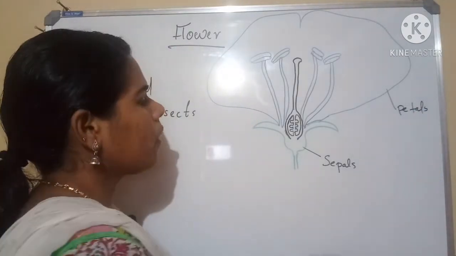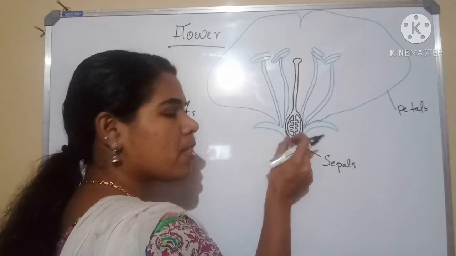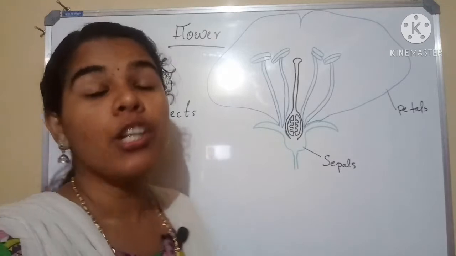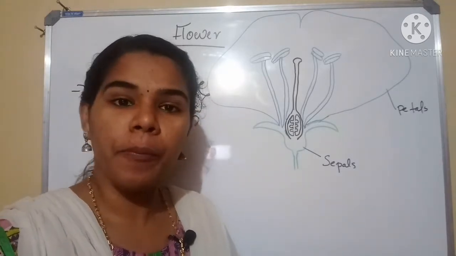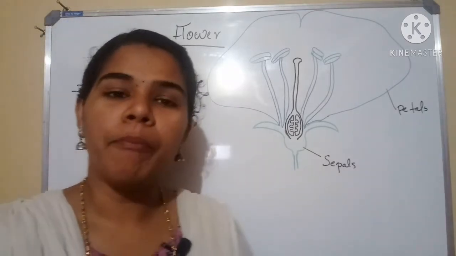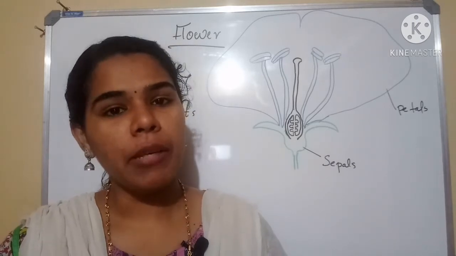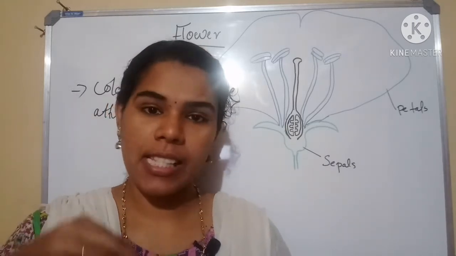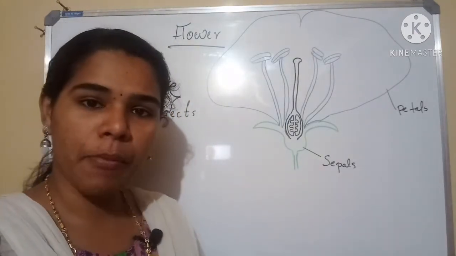Inside, when we cut a flower, the majority of flowers have two parts, male and female. We can see male and female sex organs inside the flower. Let's discuss that.